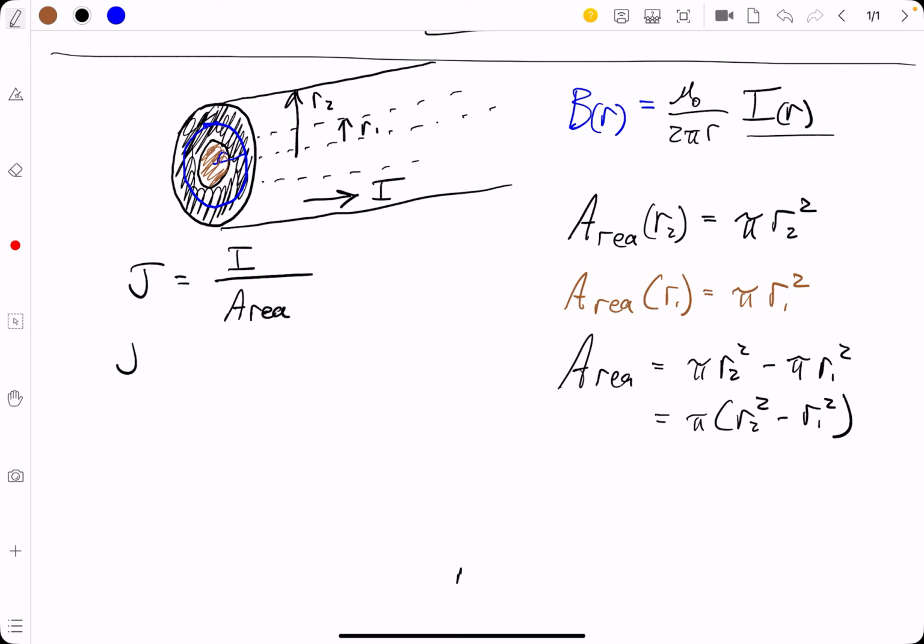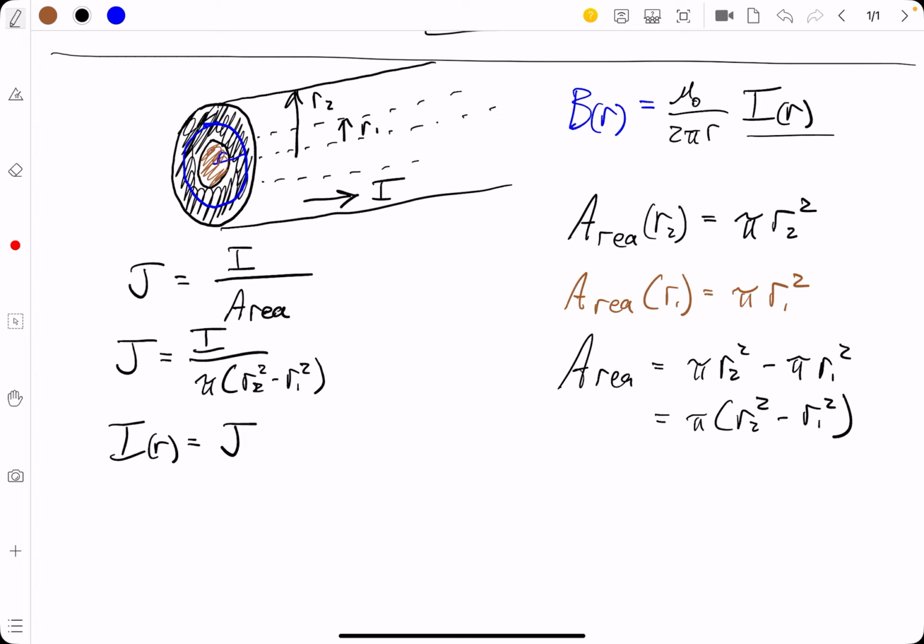Okay, so that is what J is equal to. I over pi times R2 squared minus R1 squared. What about our I(r)? I(r) equals J times our area of r, right? The area that has current flowing through it.